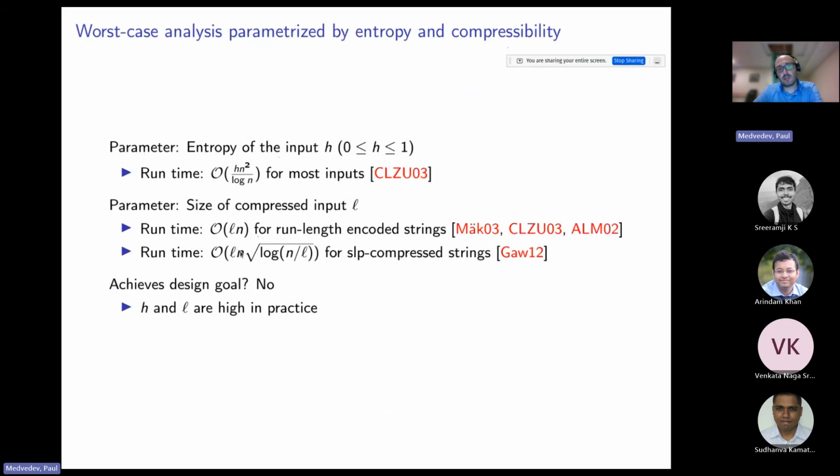What do you mean by compressed input? It depends on the compression scheme. I'm being generic here. There's a result for run length encoding of a string. The idea is you take the input and run some compression like run length encoding on it. That's usually linear time or n log n time.